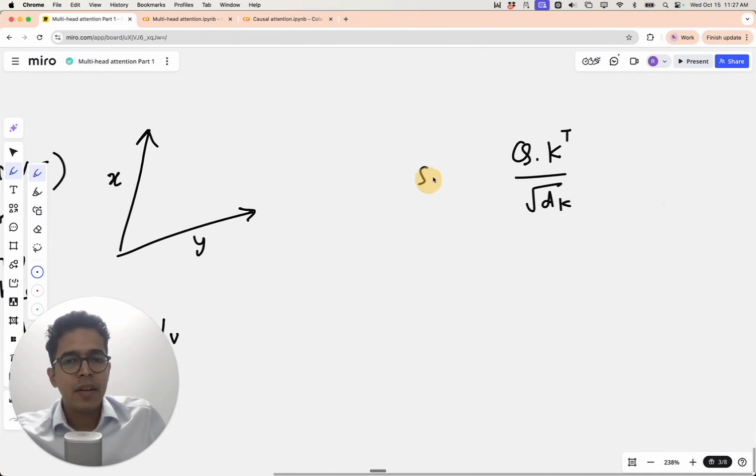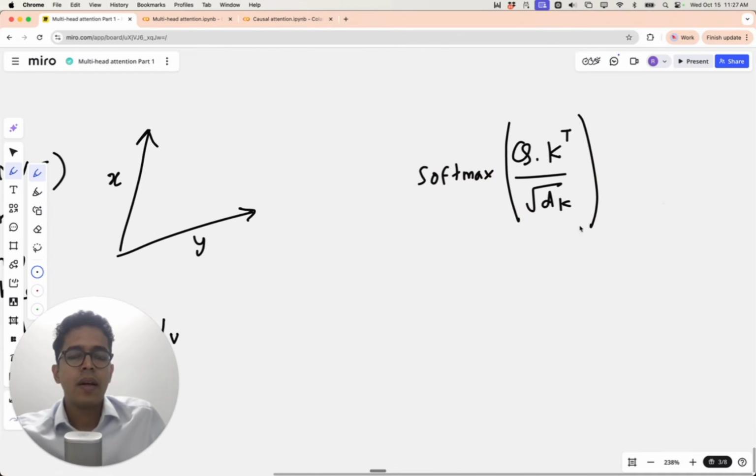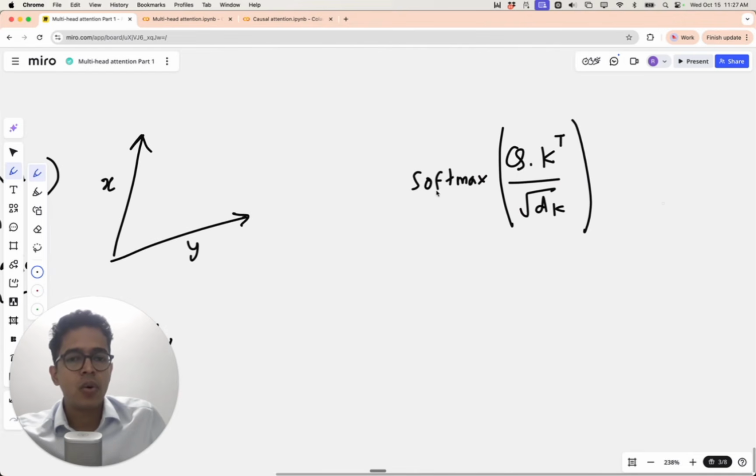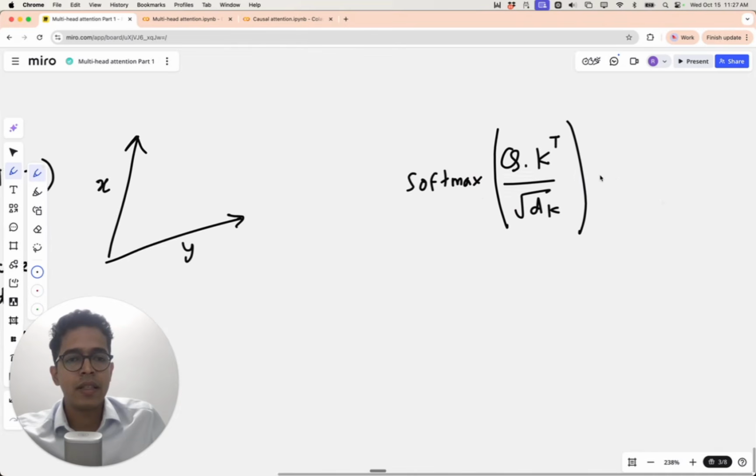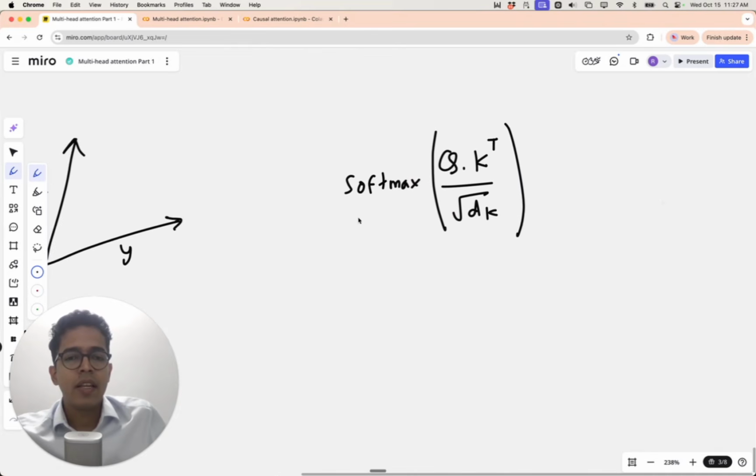And then we said we will take softmax of the resulting attention scores, which gives us the attention weights. And once we have the attention weights matrix, we can multiply it with the value matrix, which is basically the input embeddings converted into the value space.